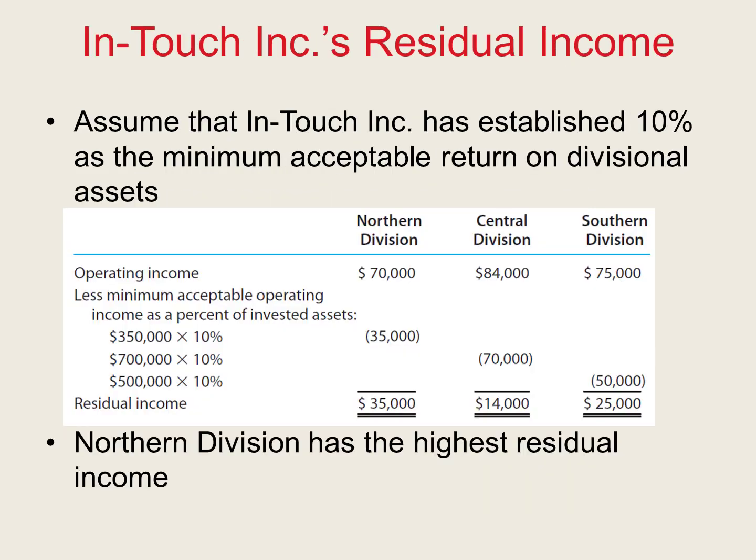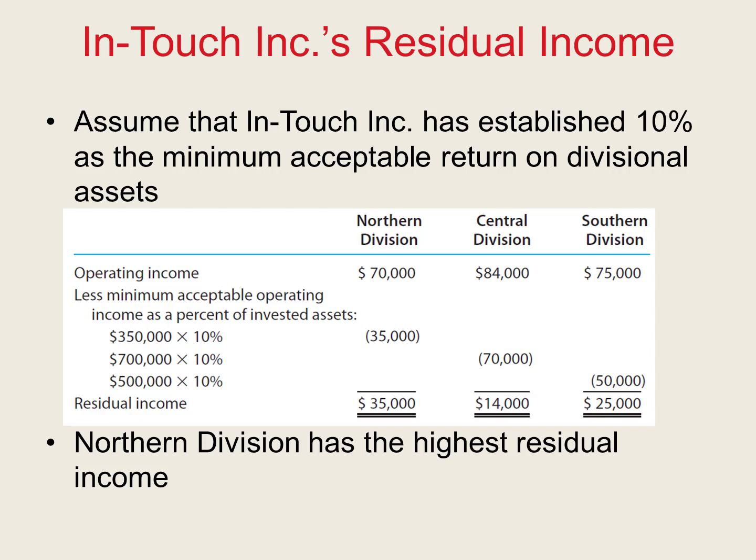So in the case of our organization, we have established a 10% minimally acceptable return on division assets. We take this 10% and multiply it by the invested capital. So with the Northern Division, we take $350,000 times 10%. Central Division is $700,000 times 10%.